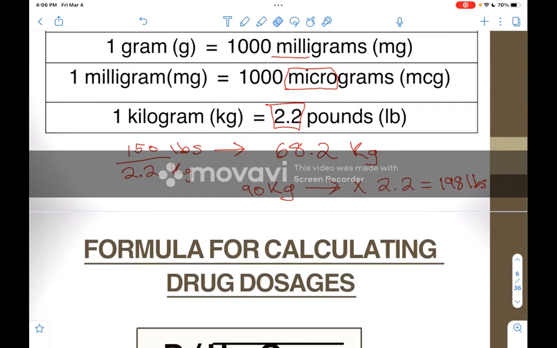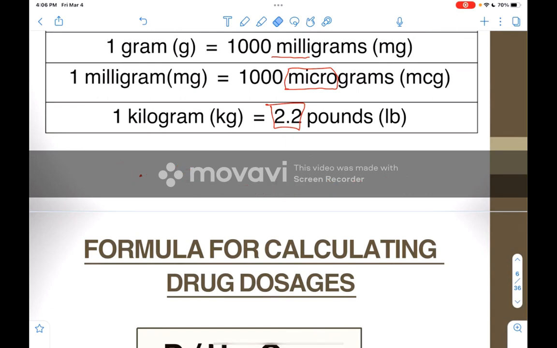And 1 kilogram equals 2.2 pounds. So if we need to convert from kilograms to pounds, or usually we're converting from pounds to kilograms, say your patient weighs 150 pounds. So how many kilograms is that? Well, we're going to take 150 and divide it by 2.2.